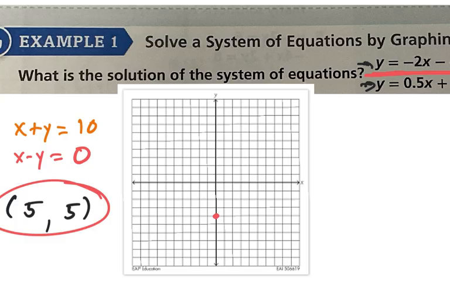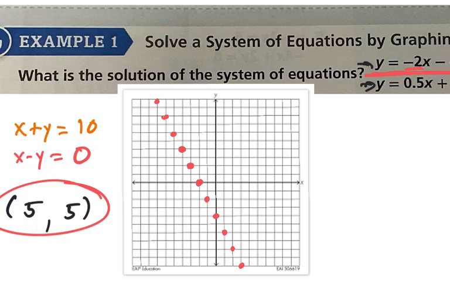Now, I have the y-intercept. I would use the slope to find more points on my graph. So the slope is negative 2, meaning I should go down 2, right 1. I can do this as many times as I want to. Because I do not draw good straight lines, I'm going to do it multiple times. Going down 2 and right 1 is the same thing as going up 2 and left 1.